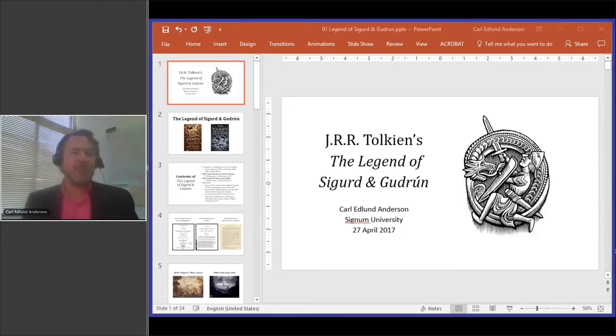And that children's adaptation was itself based on what was, in fact, the first translation into English of Völsunga Saga, which is one of the main medieval Scandinavian sources for the legend, that translation by William Morris and the Icelander Eiríkr Magnússon in 1870.